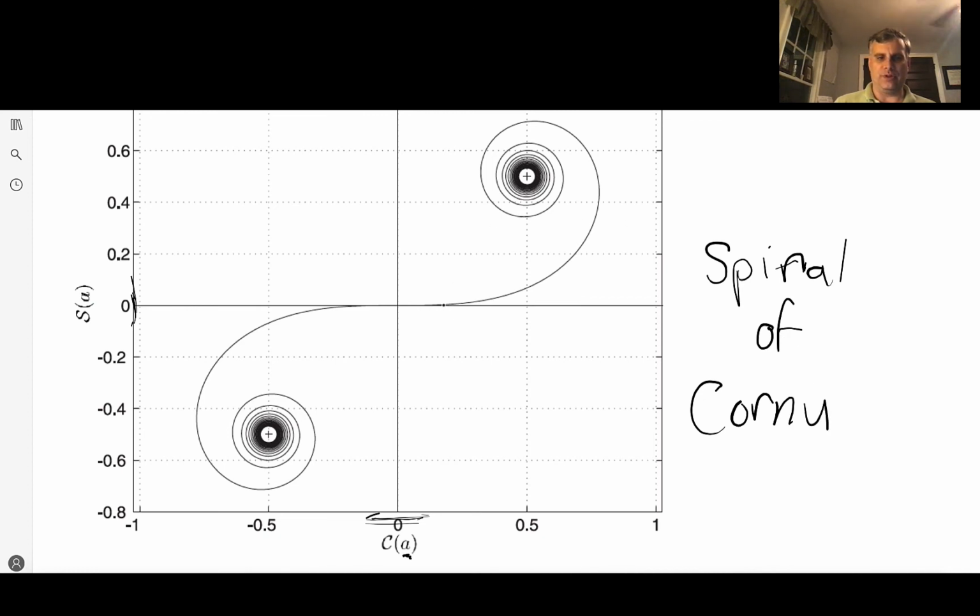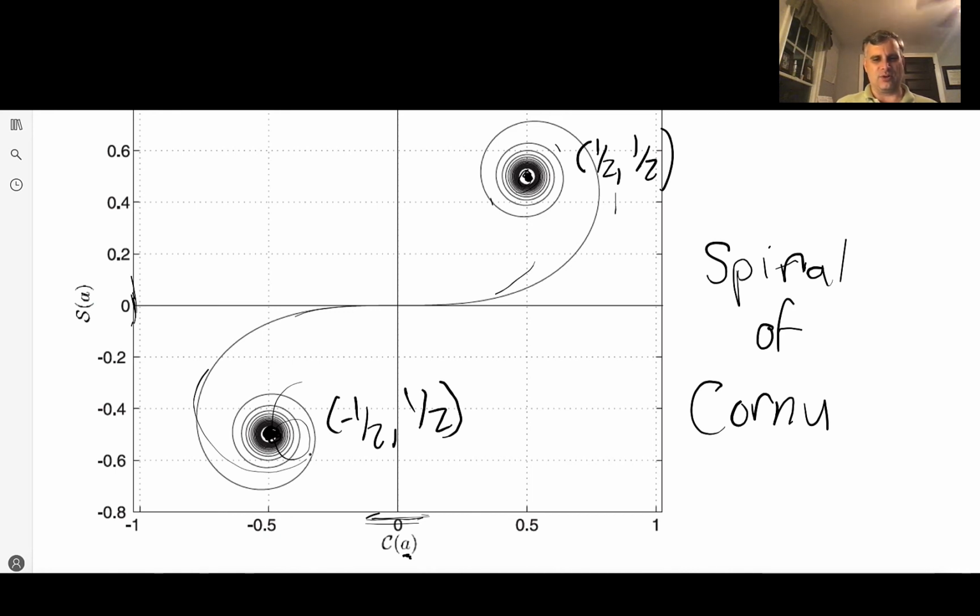It's a beautiful spiral, and very interestingly, it spirals to an asymptotic value where, spiraling faster and faster, cosine and sine hit the value positive 1/2, positive 1/2. If you go the other direction, it spirals faster and faster, collapsing into the point negative 1/2, negative 1/2. So it's a beautiful mathematical structure that comes out of the Fresnel integral, this peculiar spiral.